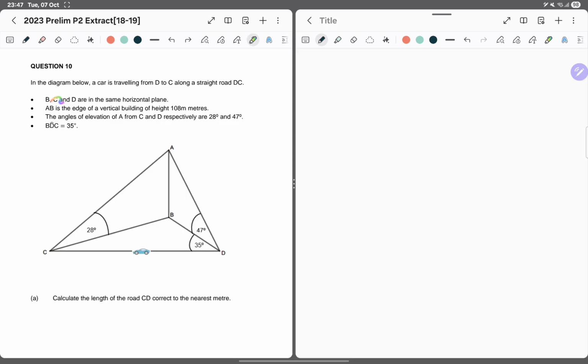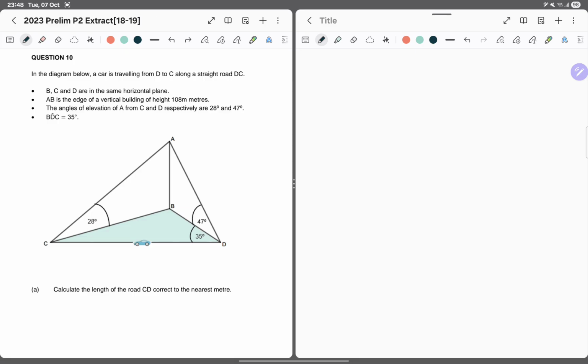B, C and D are in the same horizontal plane. So that is what we see, guys. I often prefer to shade. Once we shade it, we can see nicely that these points are on the same horizontal plane. All right, let's read on.